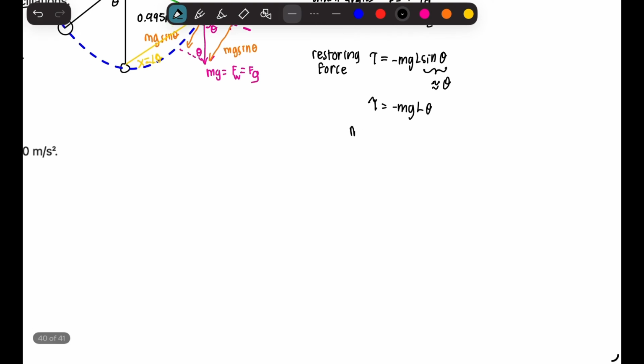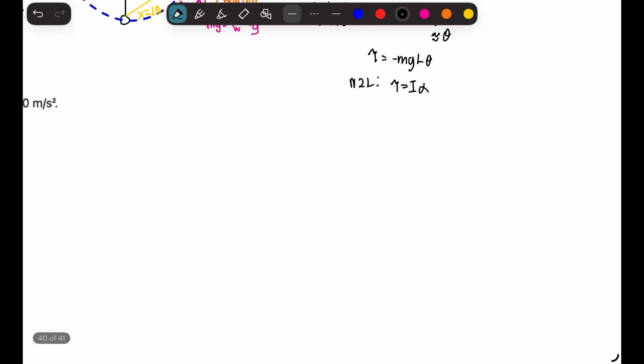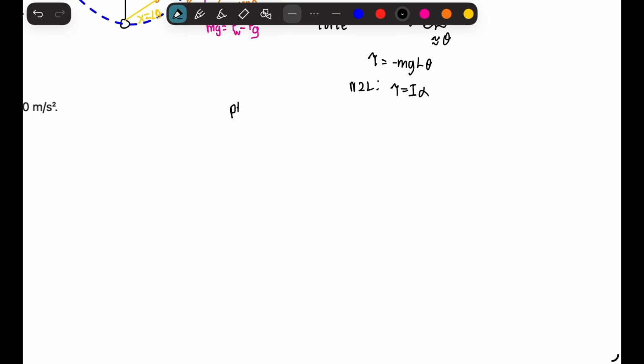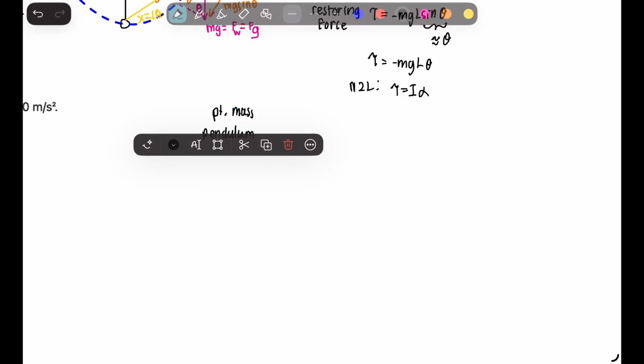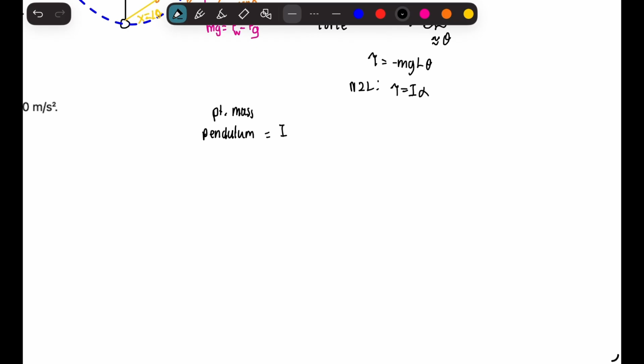So you can use Newton's second law, and that's just torque is equal to I, moment of inertia, times angular acceleration. And we know that for a point mass pendulum, you have I is equal to mL squared.